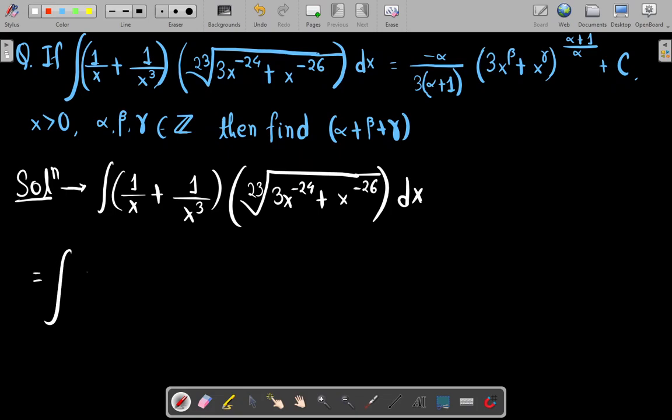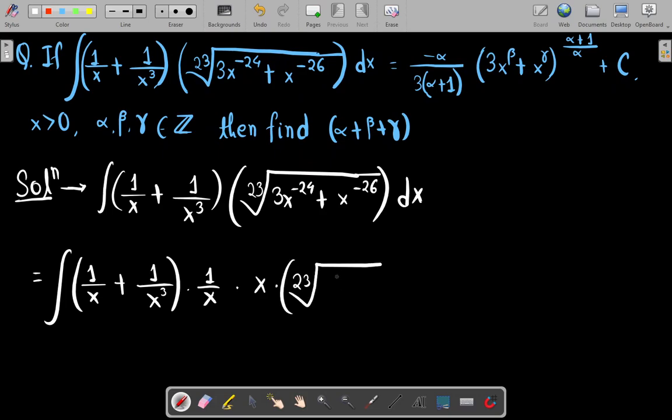I can write this integral as, keeping the first term as it is, then I'm introducing 1 by x here. If I introduce one extra 1 by x, I need to multiply with an x again, and the last term, the 23rd root, I've kept as it is for the time, plus x raised to the power minus 26 dx.